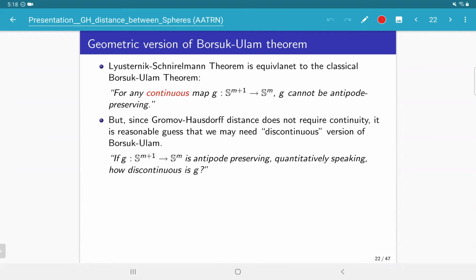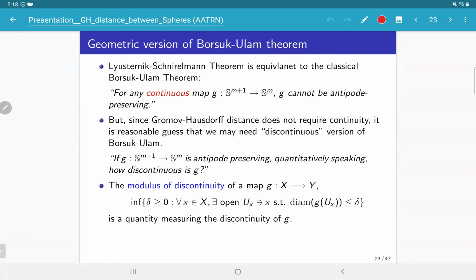So more precisely, the question is the following. If G is a map from S^(m+1) to Sm which is antipode preserving, then quantitatively speaking, how discontinuous is G? To state the answer to this question, of course, we need to define some quantity measuring the discontinuity. This modulus of discontinuity is the one we used, and its precise definition is the following.